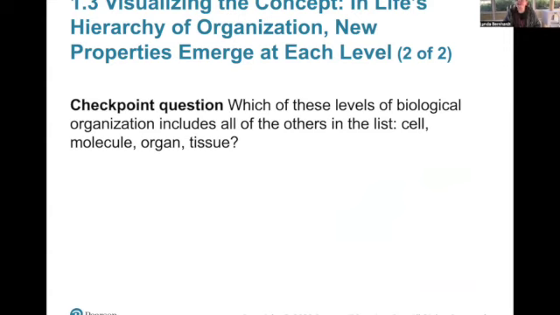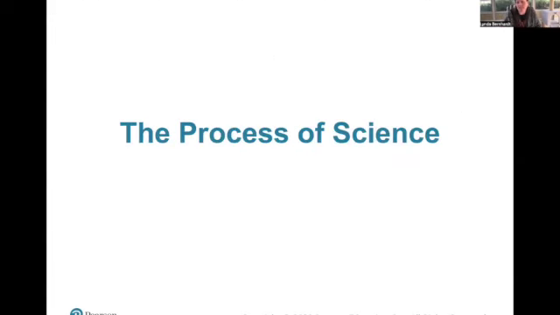So which of these contains all the rest? Your organ, because you have to have the right molecules put together to make up the cell. You have to have the right cells put together to make up the tissue, and then the right tissues together to make the organ, and then the organ system, then the organism. So there we go. And this is pretty much how we end up doing all the different things.